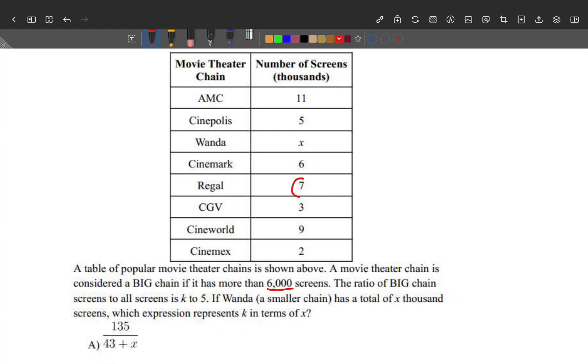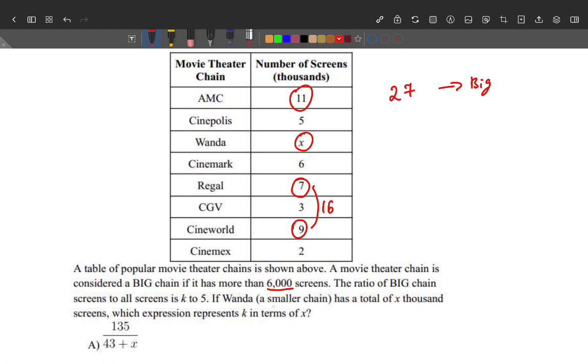It means I need this, and this. The total number of big chains will be 16 plus 11. It is 27. It's big.